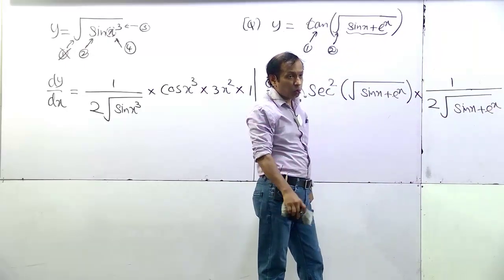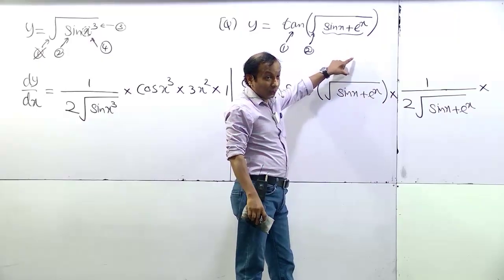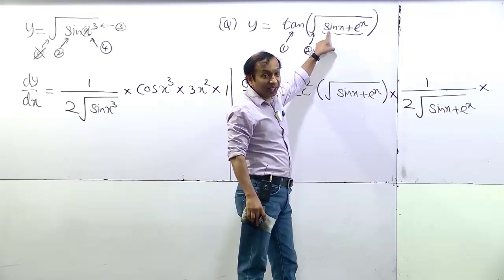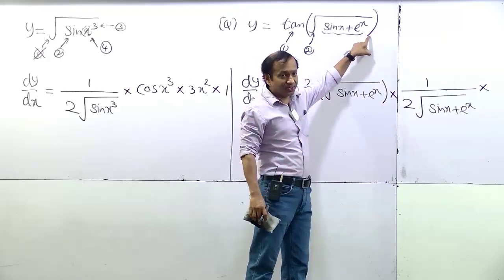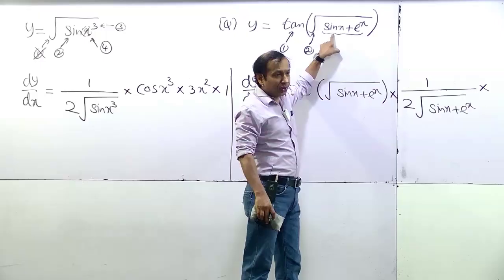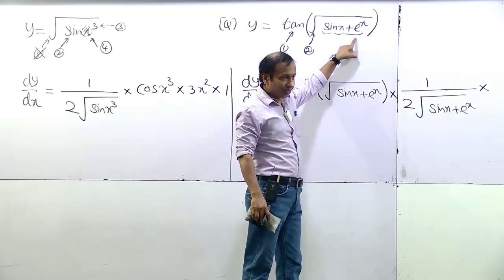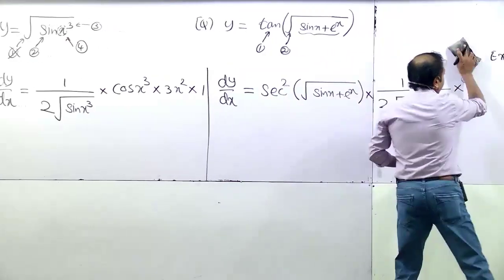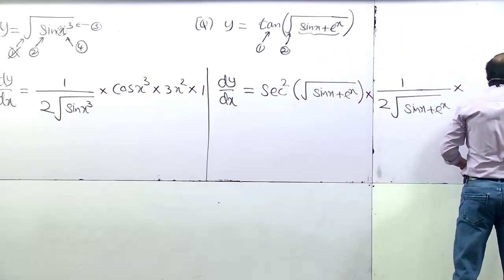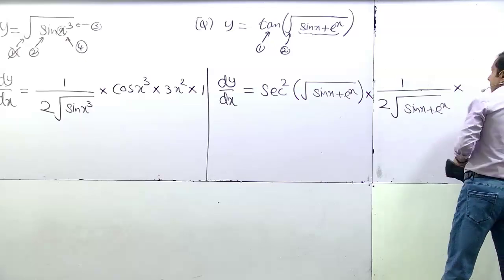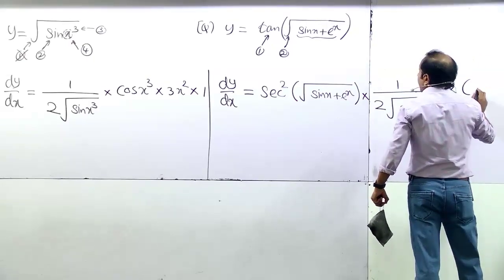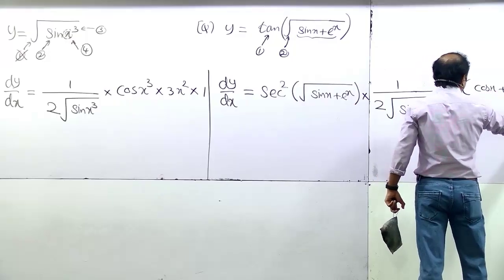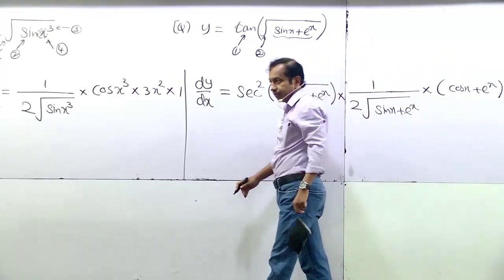Now we have sin x plus e^x. What is the derivative of sin x? Cos x plus the derivative of e^x, same e^x. Cos x plus e^x. This way we get.